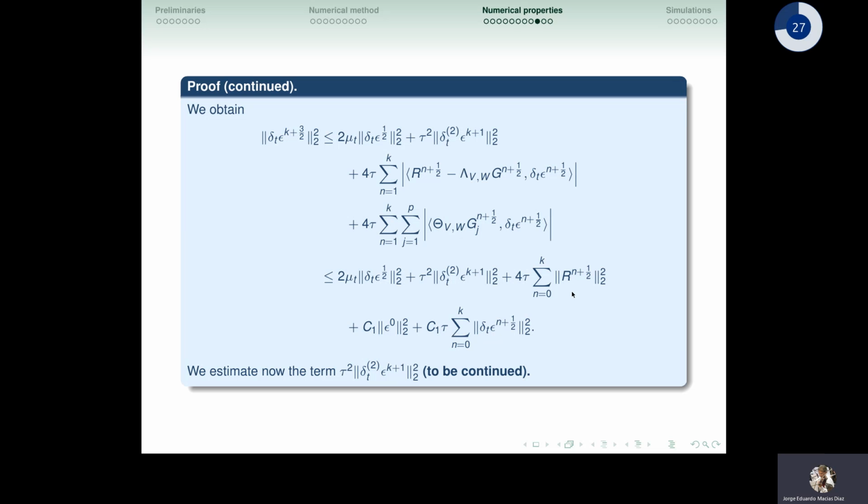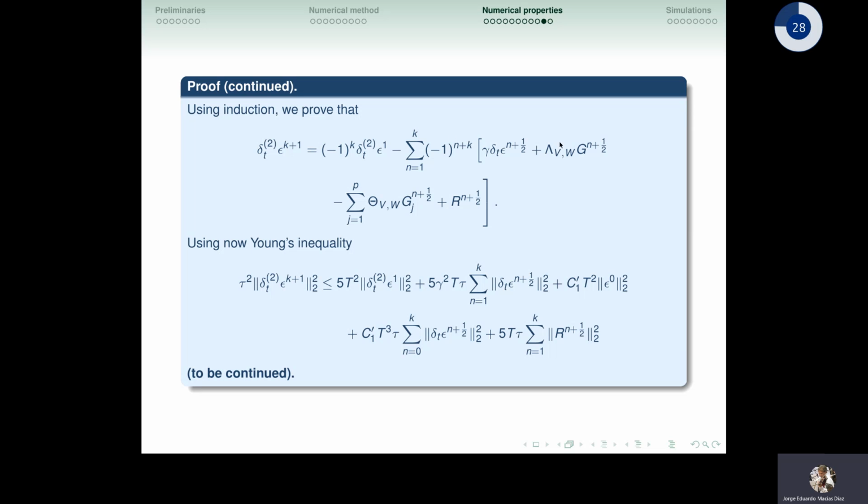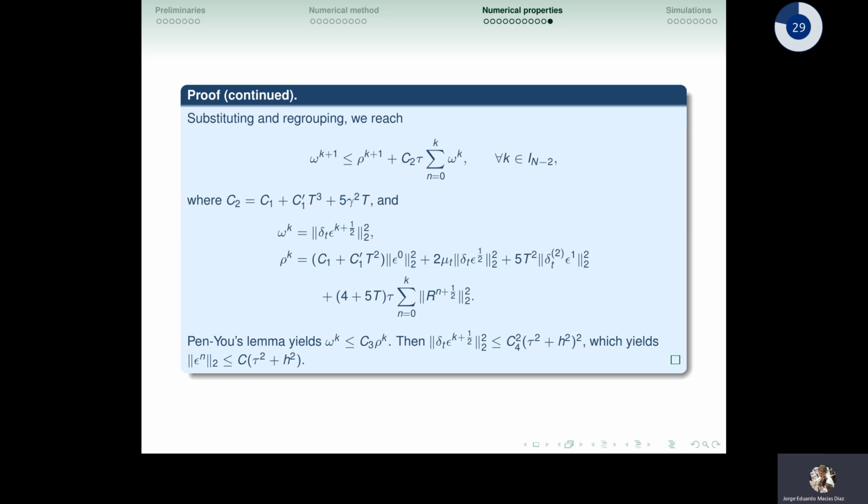Okay, we follow the energy method. So following the energy method, we obtain that this quantity is bounded subsequently by these expressions. These expressions result from the previous lemmas. We continue bounding, and at some point we reach a form of the discrete Grunwald's inequality.